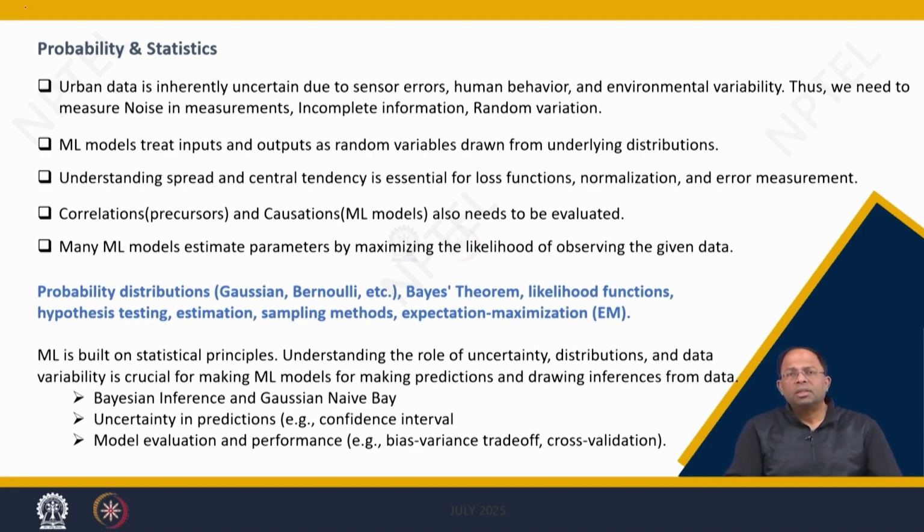The next most important thing is of course probability and statistics. Without that, many of the models which we are developing in machine learning cannot be developed. Not only that, in most of the models there is some application of probability or statistics in some form or other. In most cases urban data is uncertain: a lot of sensor errors, differences in human behavior, so there is random behavior and probability associated with the behavior, and different forms of variability, say in environmental measurements and so on.